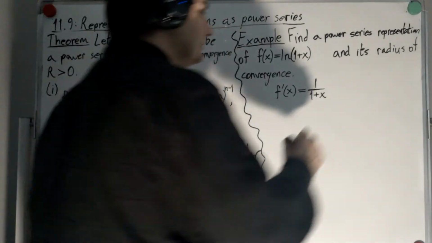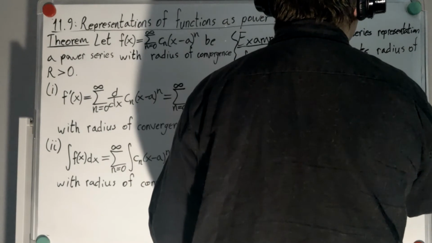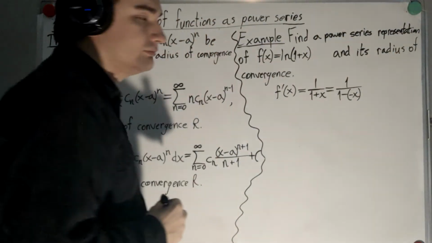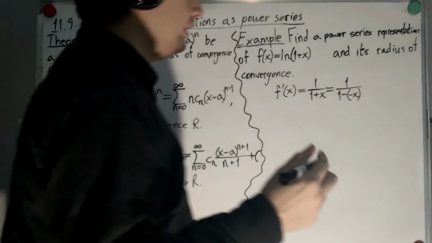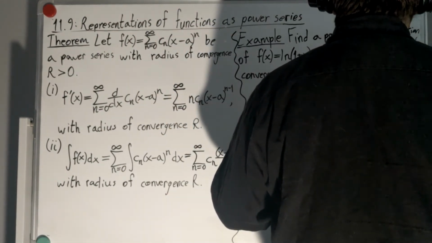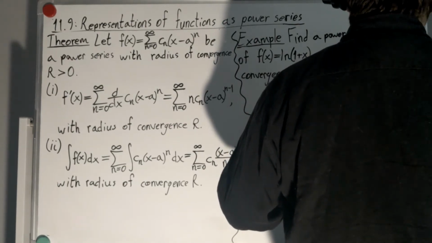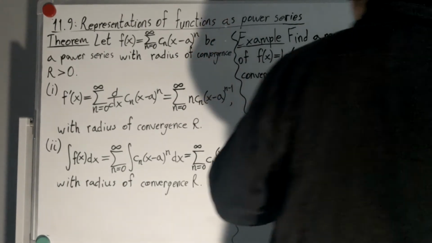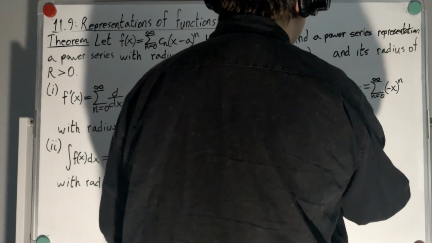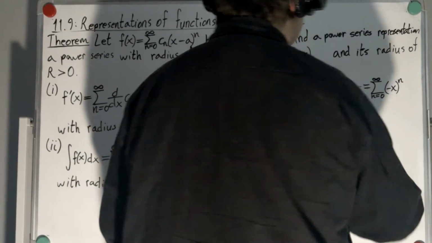One over 1 plus x is the same as 1 over 1 minus negative x. And so, as a power series, this is just the sum from n equals 0 to infinity of negative x to the nth power, as long as the absolute value of x is less than 1.